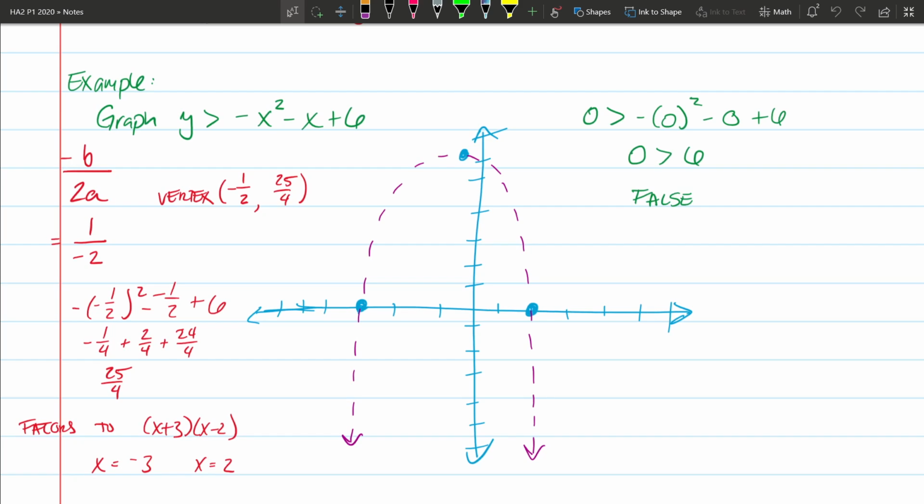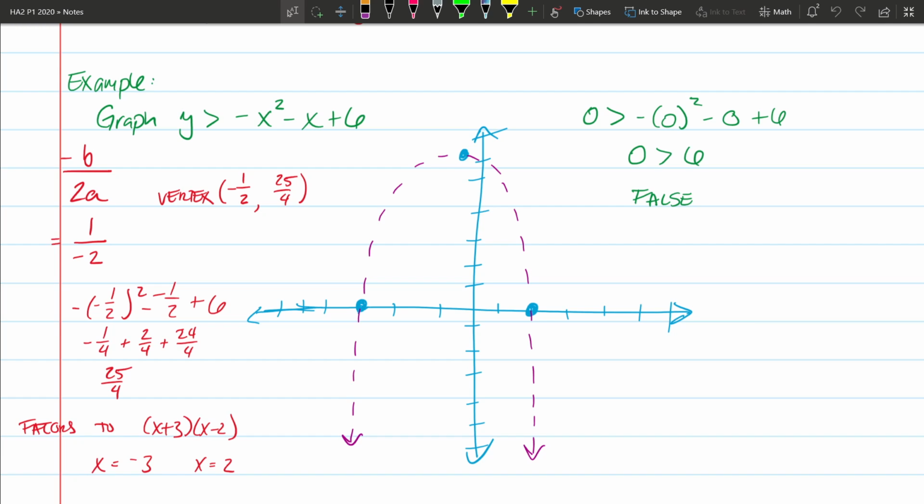Now, here's the deal. If you pick your point and you get false, you're going to shade wherever that point is not. If you pick a point and it says true, you're going to shade where that point is. So I chose the point 0, 0, and 0, 0 is inside the parabola. I got false, which means that my answers will not be inside the parabola.